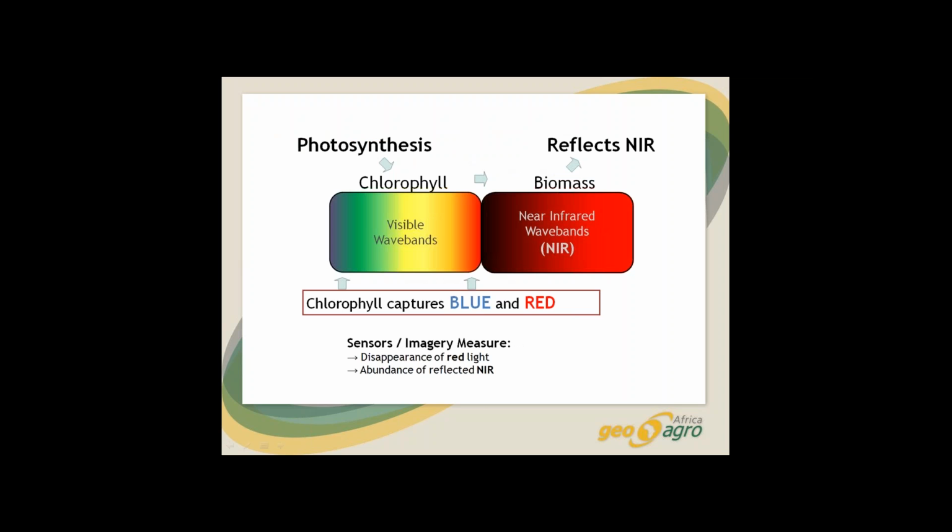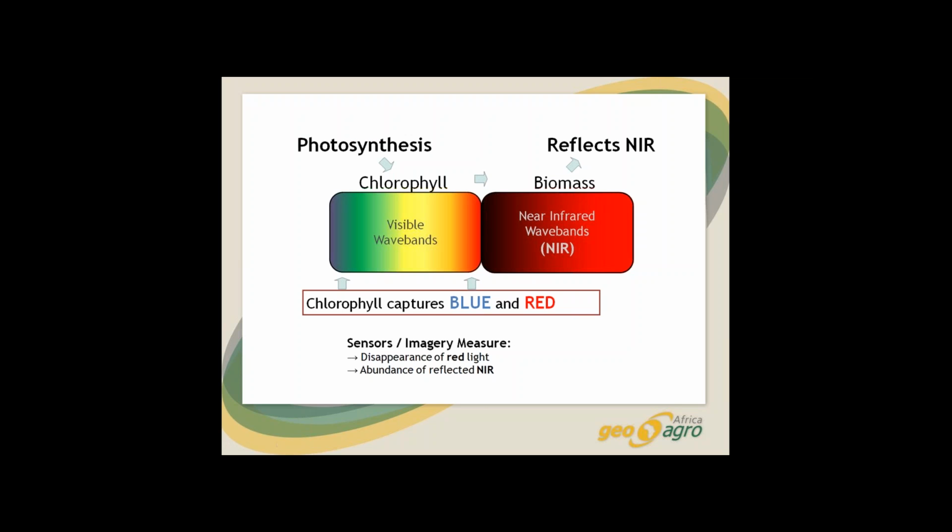The interesting thing about plants is that through the photosynthesis mechanism, they can absorb light in certain ranges, which is the visible range, which helps us determine the amount of chlorophyll, the element that helps in that absorption. And also the amount of biomass has a characteristic that it reflects the near infrared.